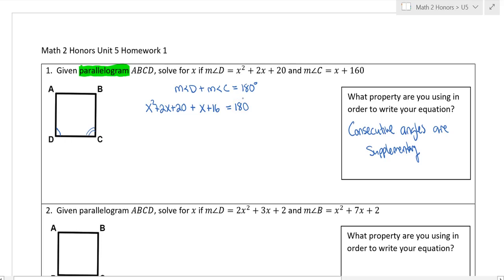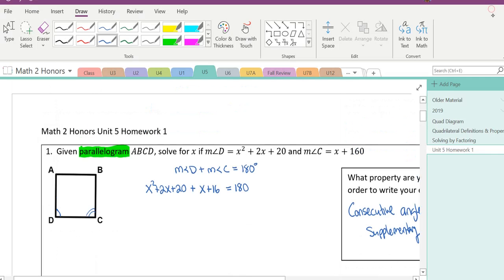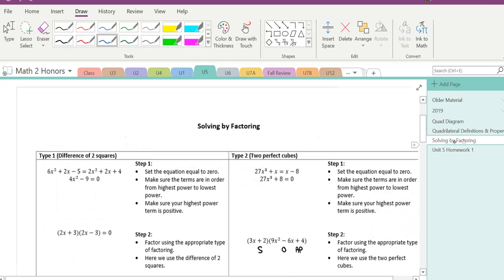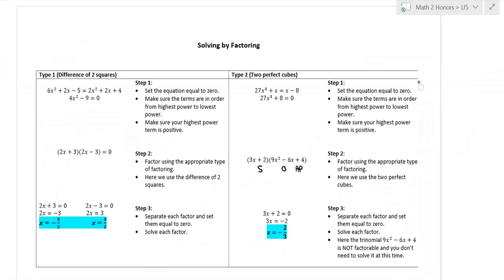And this is when it becomes important for you to know how to solve quadratics, right? And that's why if you get stuck or you forget, you may want to go back to this type of page. And if you don't know what type you're doing, that's okay. They all start the same way.